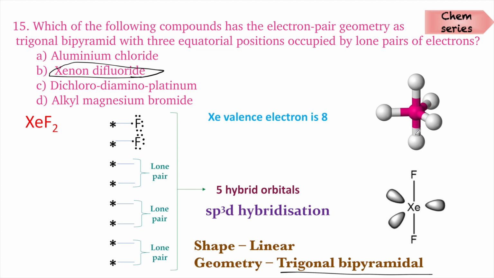This will be your axial position and these 3 will be your equatorial positions. So all the equatorial positions will be occupied by lone pairs of electrons. So it forms a linear shape. So your answer will be option B.